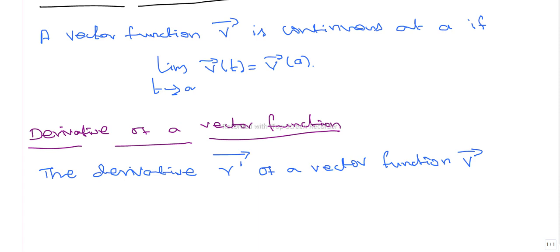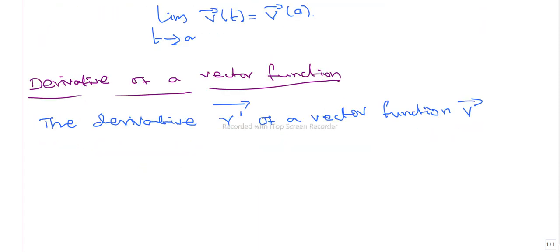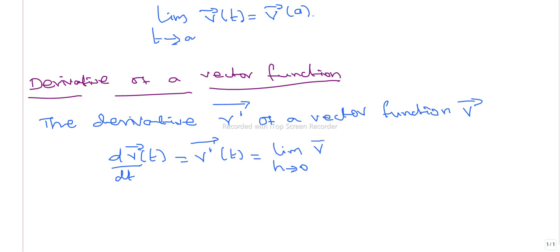Now, similar to what we defined in the real valued case, we denote dr vector by dt at the point t, that is r dash vector of t, as the limit as h goes to 0 of r vector of t plus h minus r vector of t, divided by h. That is the usual definition for derivative.